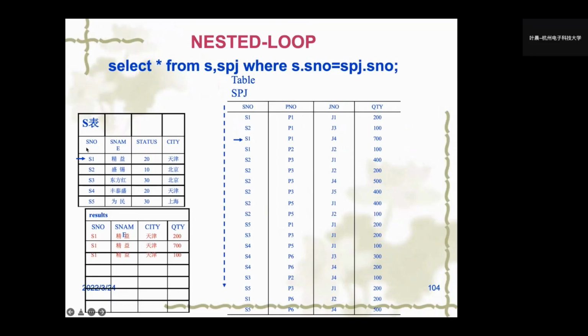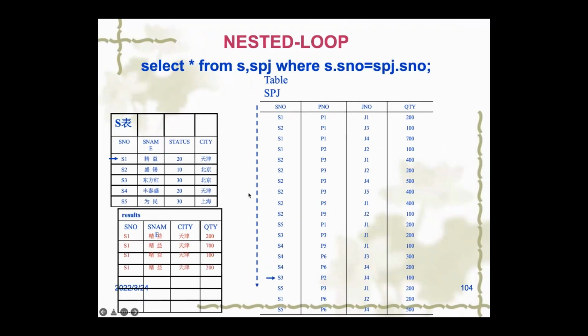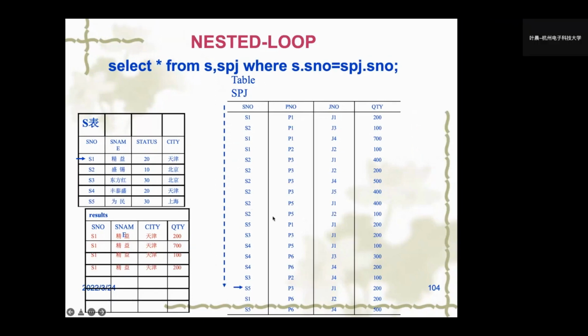Then this one also matches, and we have the following ones. So it is just a loop to confirm that there exists a tuple which satisfies this condition.